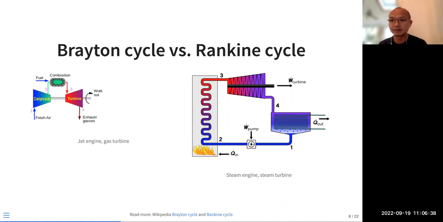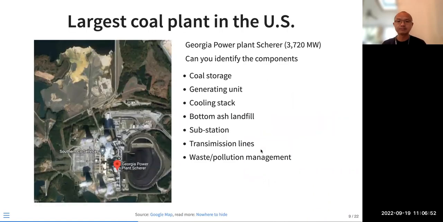Both are named after famous physicists who contributed to the energy sector, and you can read more from the sources. So with those, it will make sense for you to recognize the key components of a typical real-world power plant.